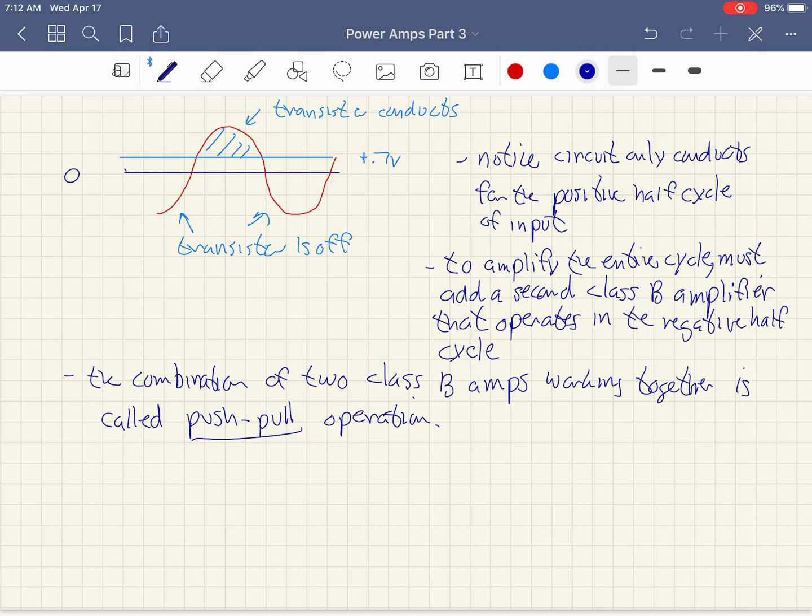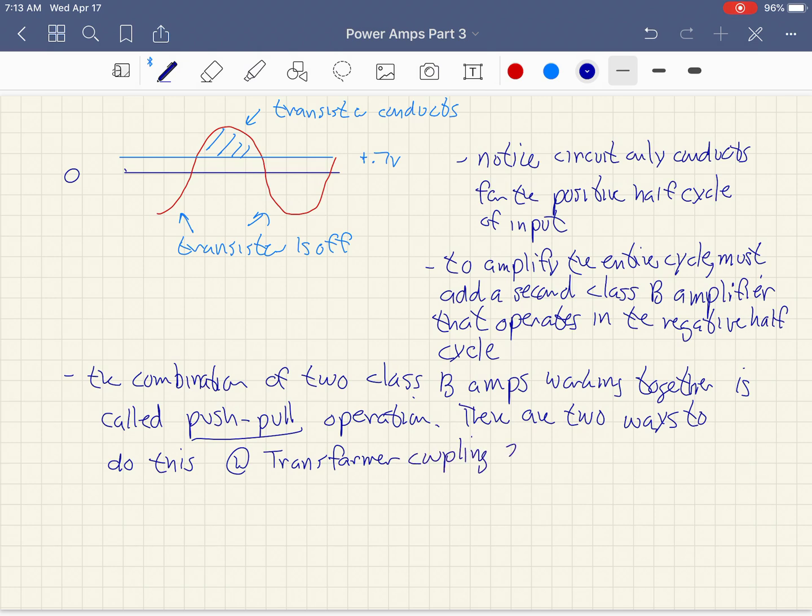Okay, there's two ways to do this. Two common ways anyways. Number one is our old friend, the transformer. Transformer coupling.